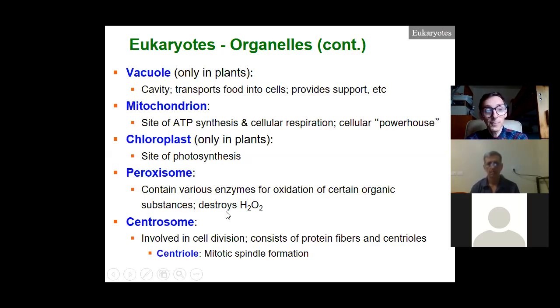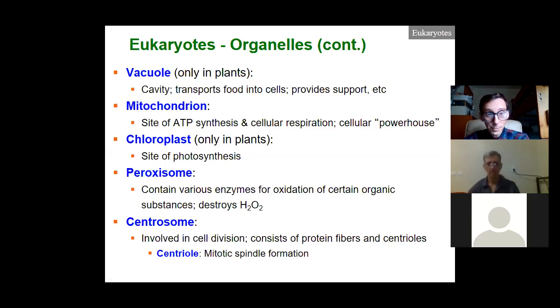So peroxisomes can oxidize certain organic substances, and cells need them, especially animal cells, to destroy certain substances like hydrogen peroxide and oxidize other molecules. All right, any question about peroxisomes?